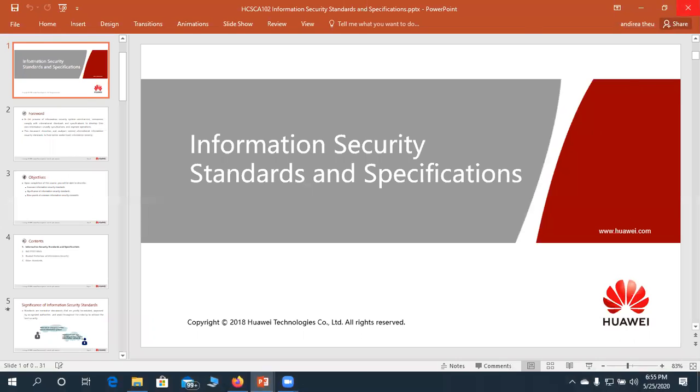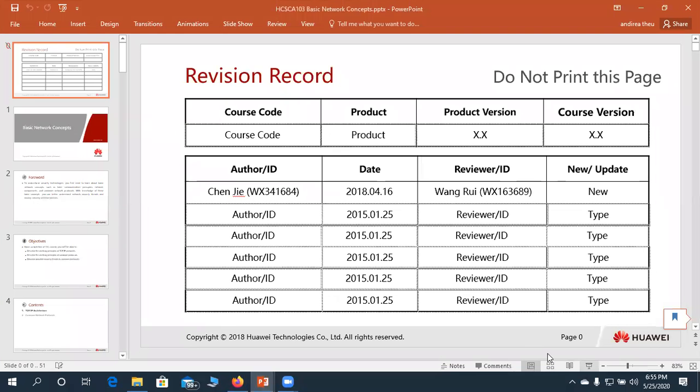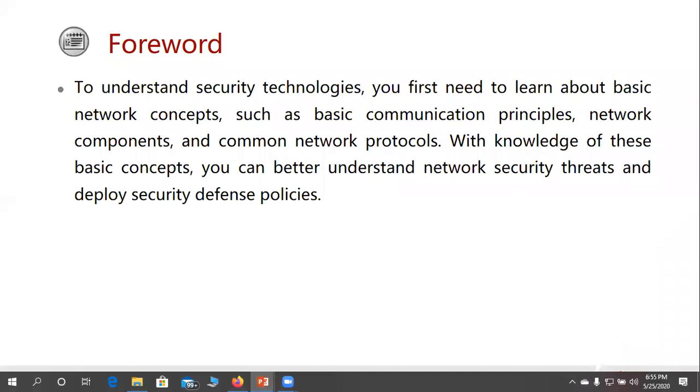Let us move on now to our third lecture for today. This is basic network concepts. It is very, very important that you have knowledge of networking.